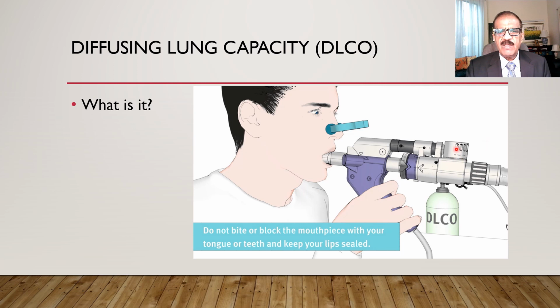That can be a verbal instruction by the operator, or there may be a computer saying to take a deep inspiration. Now the patient takes the deepest possible inspiration, and at that particular time a measured, calculated amount of gas is allowed to go into the inspiration.